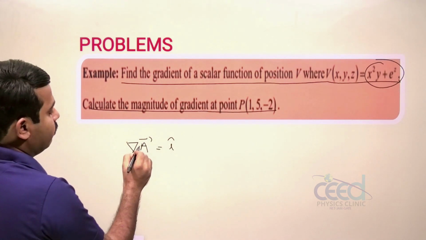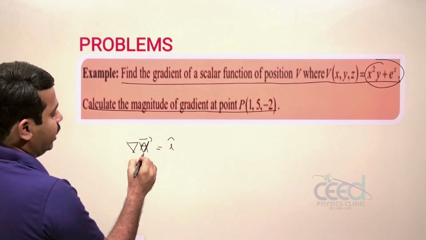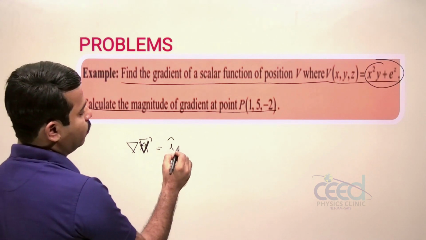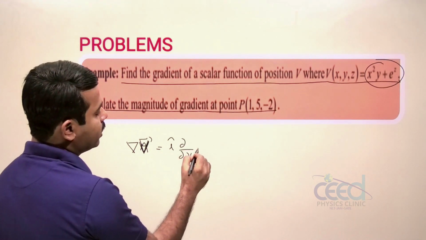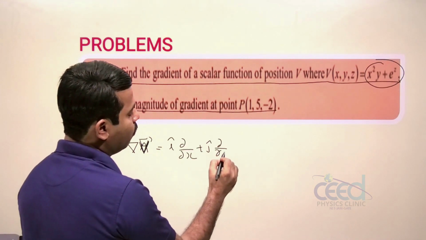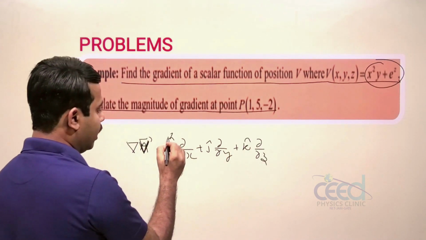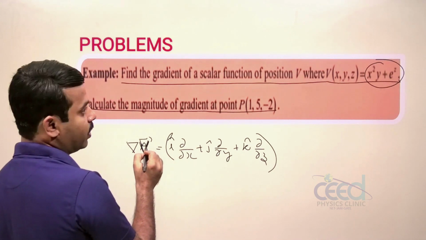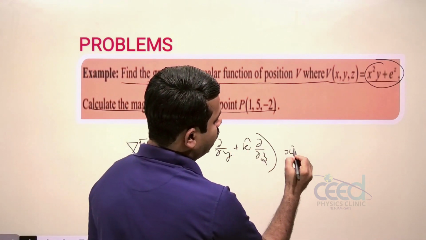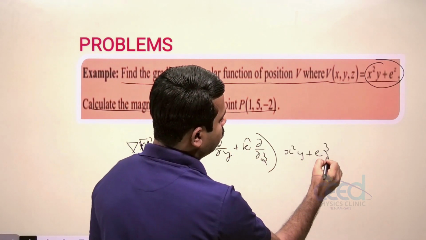So here V is given, so let me use the letter V. Gradient V is equal to I cap dou by dou x plus j cap dou by dou y plus k cap dou by dou z. This is our del operator acting on the function x square y plus e raised to z.